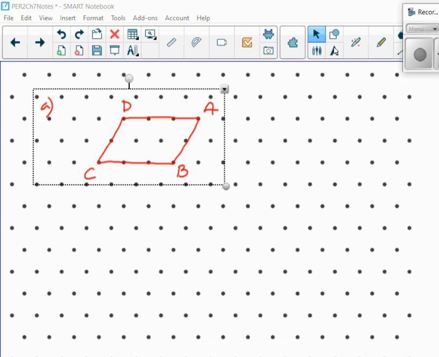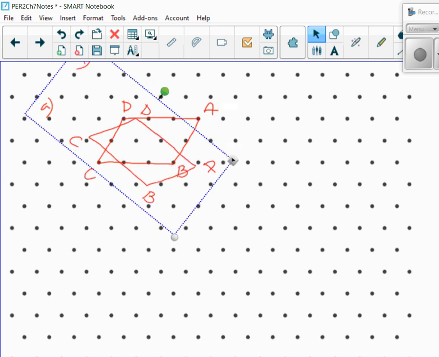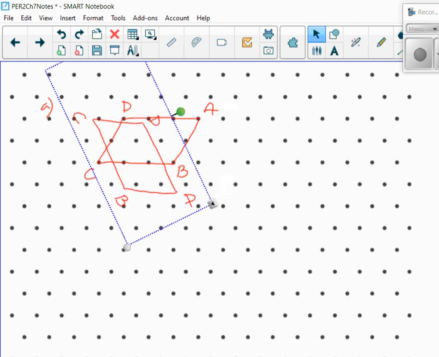What I'm planning to do is from vertex C, take CD and rotate it to the same thing that I have here for BA.